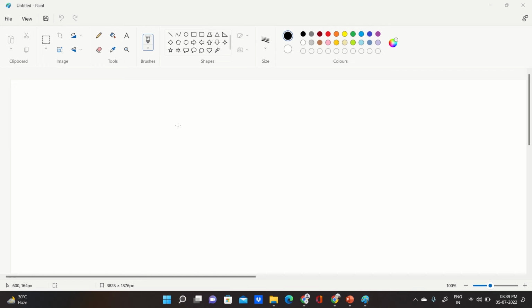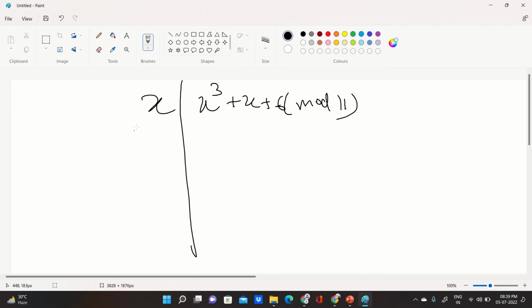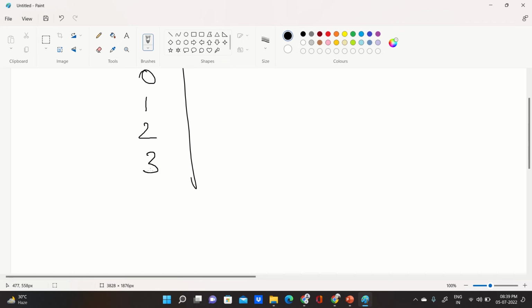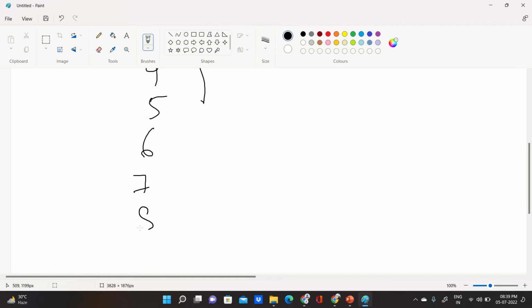So what are the values of x? X cannot take all values; as I have already mentioned, x can have values from 0 to 10. The RHS was x cube plus x plus 6 mod 11, and the values would be 0, 1, 2, 3, 4, 5, 6, 7, 8, 9 and 10.